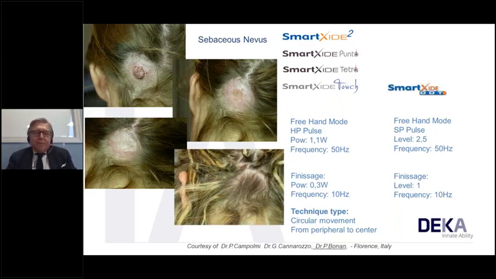That means that we are working in a very delicate manner, not touching and not hitting the vertical follicle, but only the lesion in the skin. You see the parameters that we use with the new system: HP mode, power 1, and 50 Hz of frequency.